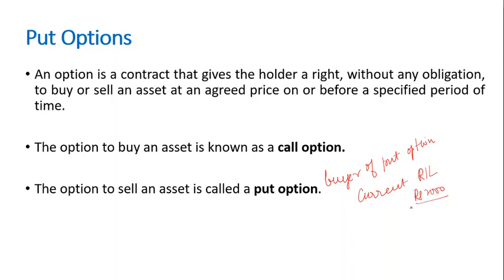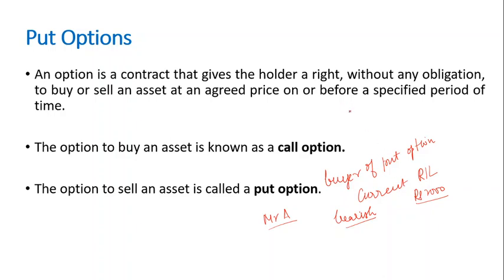And a person, let's say Mr. A, feels that the Reliance share will be falling in the next month. So he has a bearish opinion or a bearish take on a particular asset, and therefore he wants to ensure that he still gains on the fall of the Reliance stock.